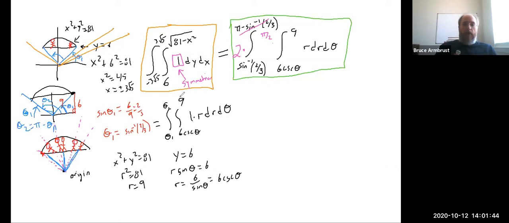But if what you're integrating is a symmetric function, and when I say symmetric, I mean over the region that we're looking at, then you can get away with it. So this one is a perfectly viable option. Instead, just go up to pi over 2 and double it. Anyway, so good question. And yeah, definitely brought up one of the things we have to watch out for.